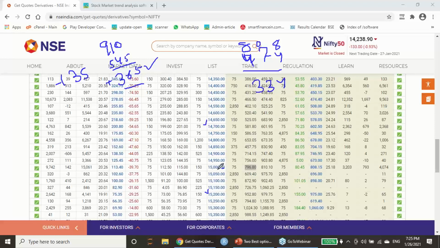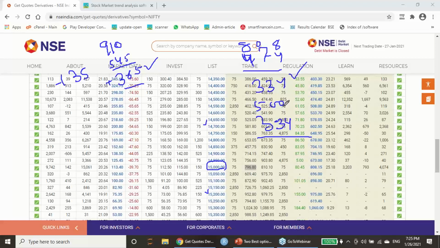If Nifty manages to go above 15,000, my reward will be 334, and my liability will be 500 minus 334, which is 166. I have to make it about a 1 to 1.5 risk-reward.